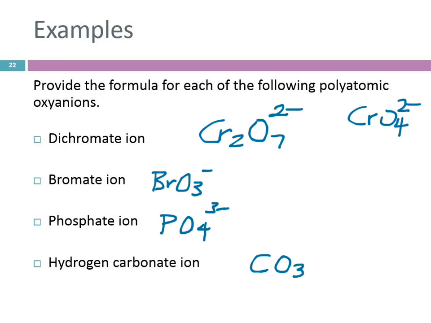So when I put these guys together, hydrogen carbonate is HCO3 -1. That's also called bicarbonate. So at home, you probably have a little yellow box of baking soda. It's sodium bicarbonate. You've got that in your kitchen. Not everything's horribly toxic. Any questions?